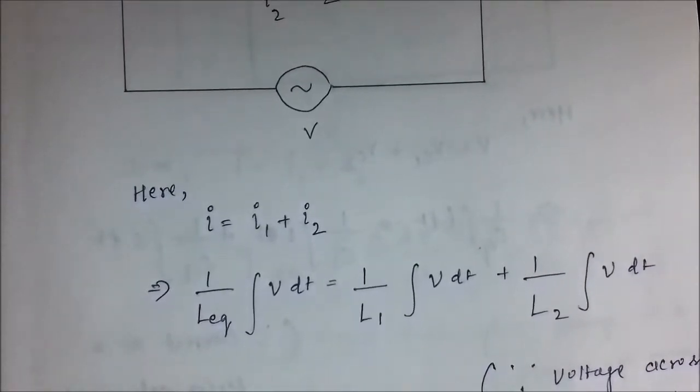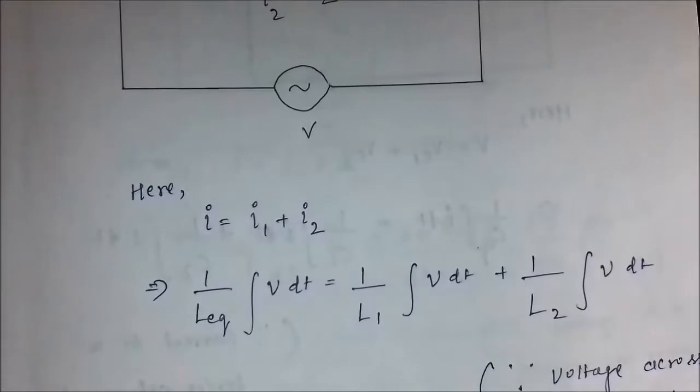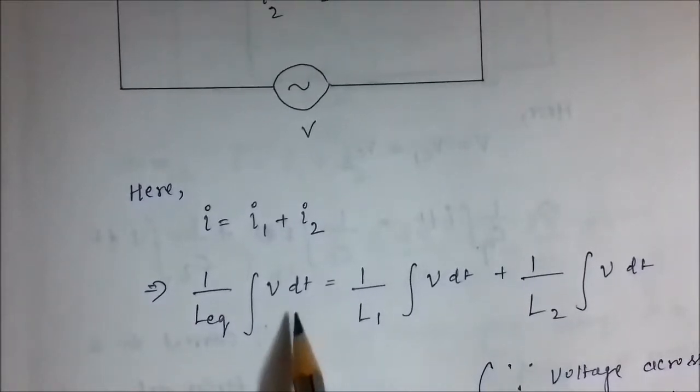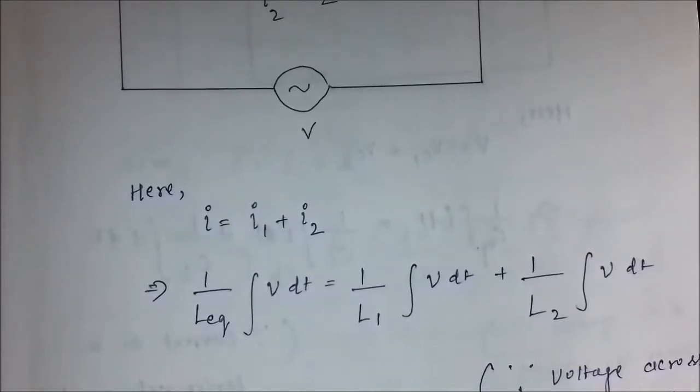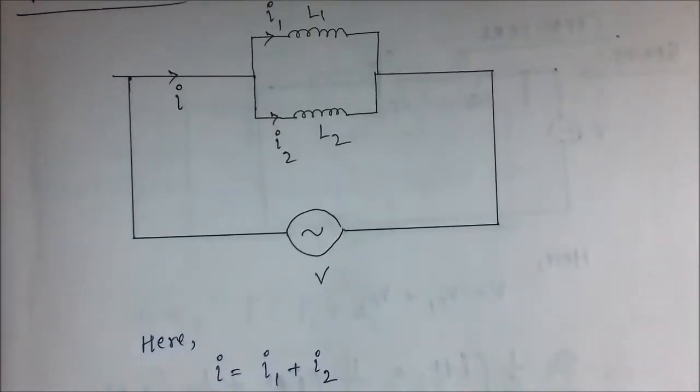Now we know the expression for current flowing through an inductor is given by 1 by L into integration of the applied voltage over a specific interval of time dt. So let Leq be the equivalent inductance of this parallel combination of inductors.